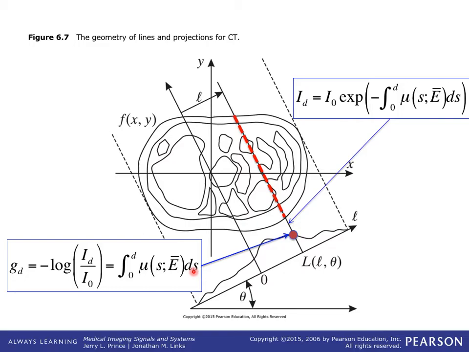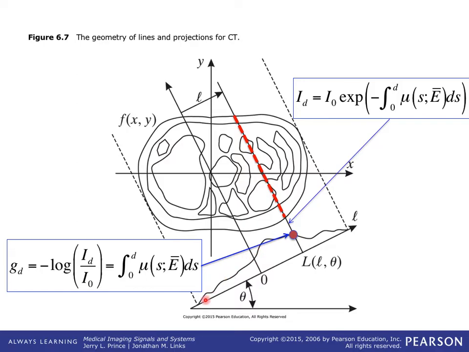Looking ahead to the way CT is mathematically modeled, I think we'll go into the same coordinate system. Here's our patient, right? And we define an angle theta, which is the projection angle. This is the intensity profile.